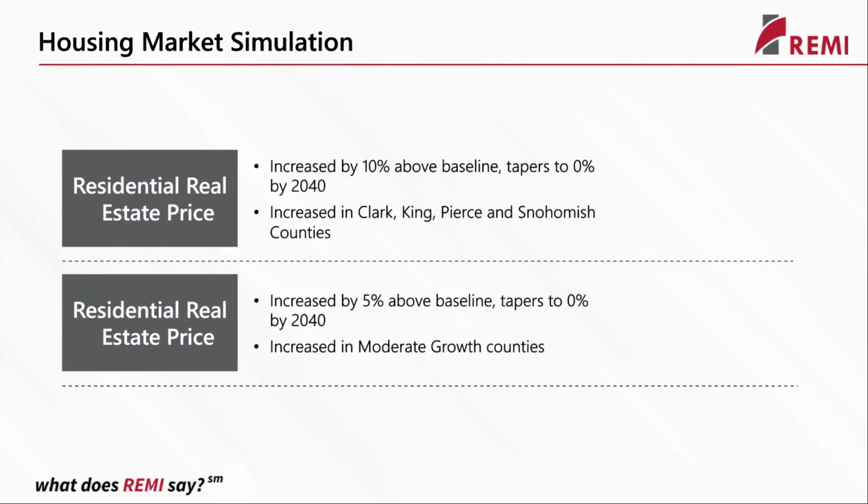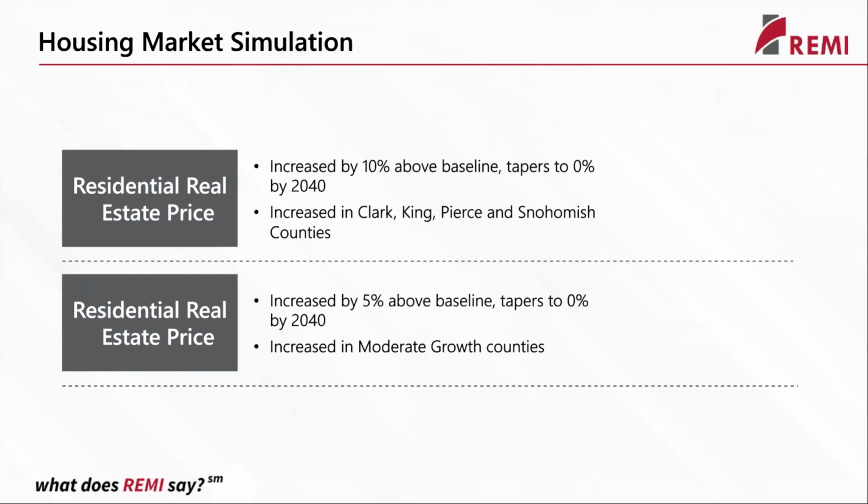Now, the variables that we look at, I've displayed here. So if you can remember back to those data points we saw a few slides ago, those 4 counties increased by upwards of 23% in the past year. So what we do in the model is we simulate a persistent impact on housing prices, so that in the next year, in 2022, housing prices are 10% above the baseline, and that tapers to 0% above the baseline by 2040.